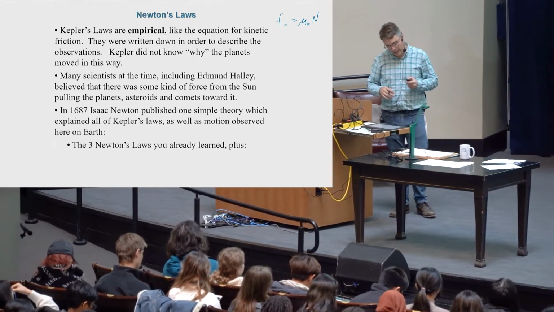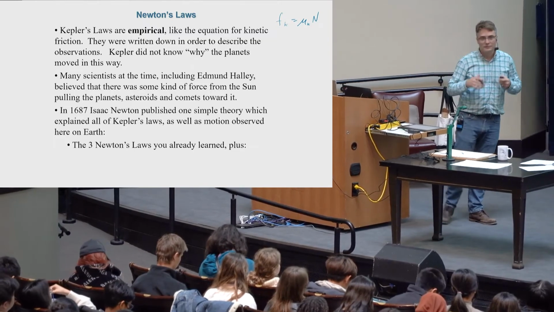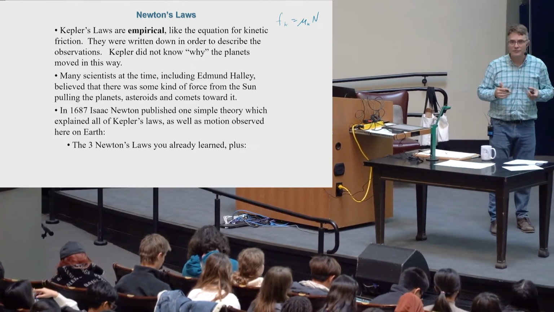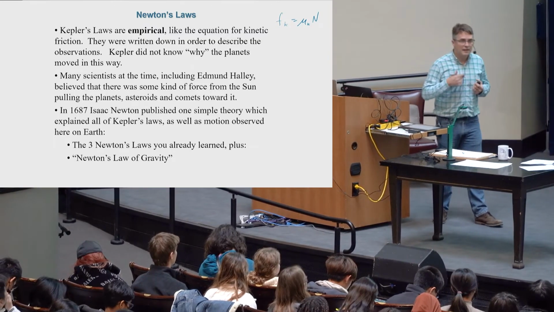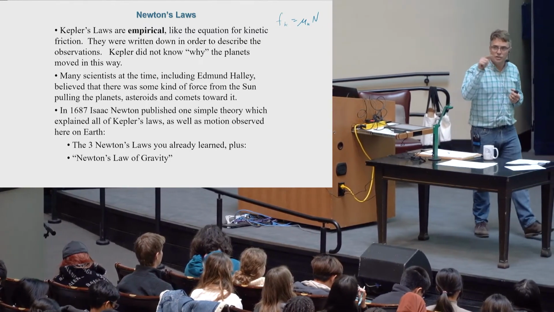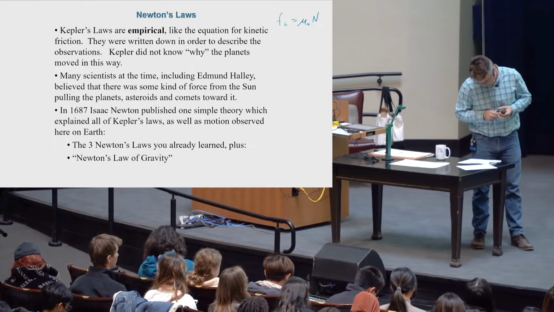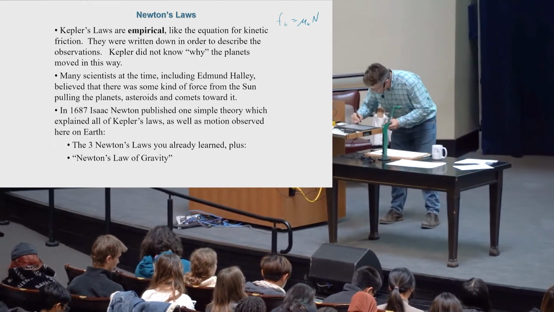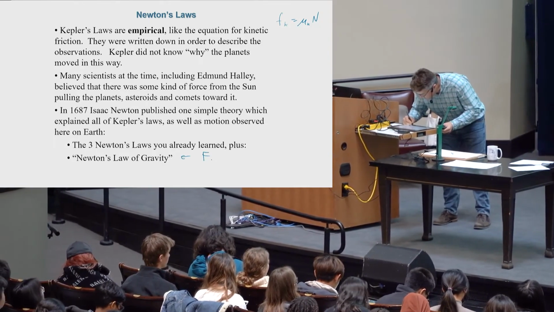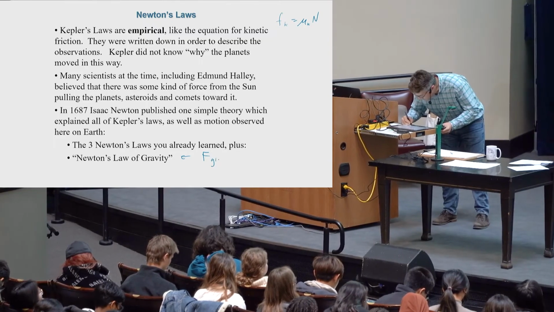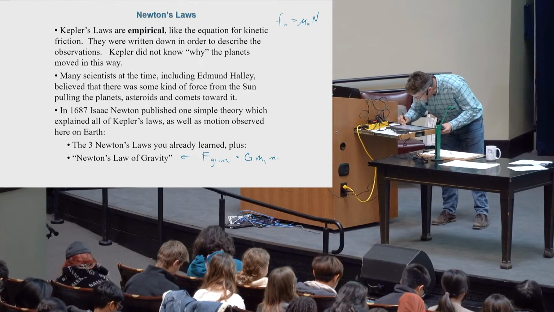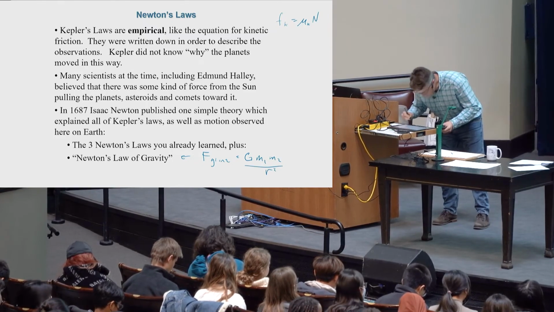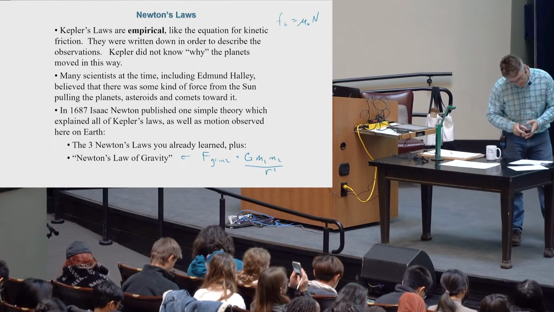It took Isaac Newton to invent calculus, which you have to do in order to solve this, to write down Newton's laws, and then this fourth law, the law of gravity, the GMM over R squared law, which is this one. Do you remember it? F_G of 1 on 2 is equal to G M1 M2 divided by R squared. That's the important fourth law, I guess.